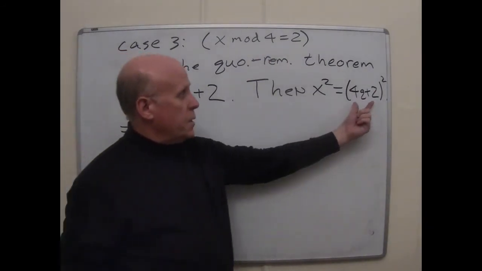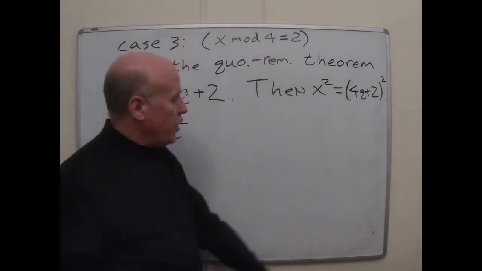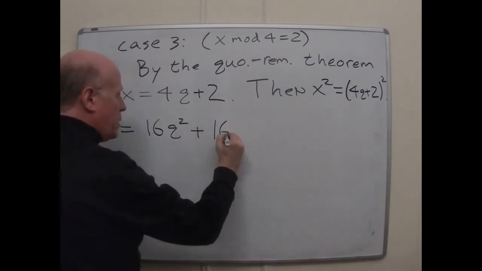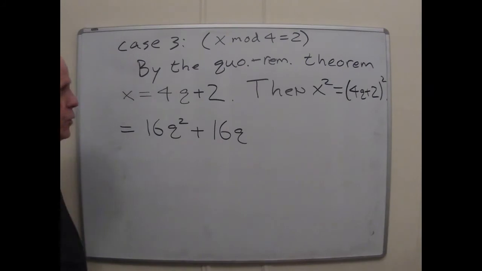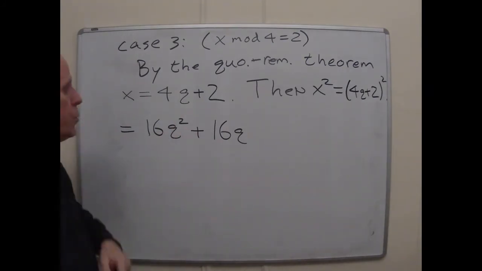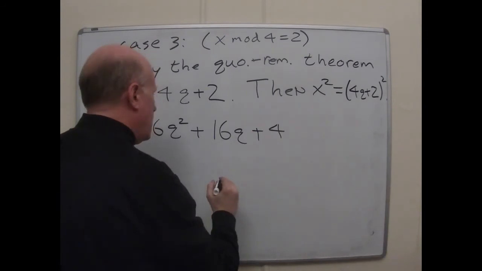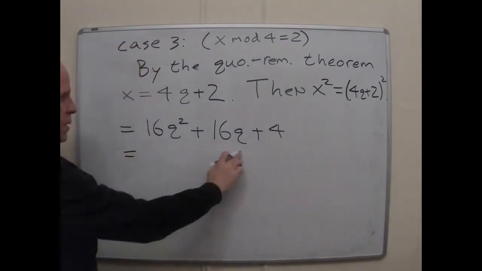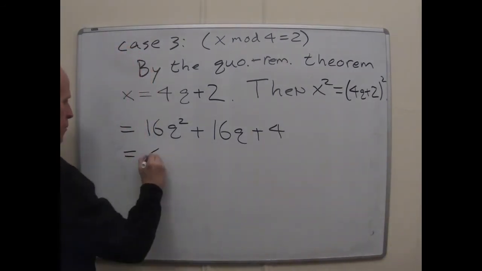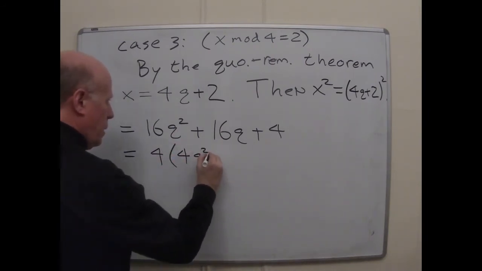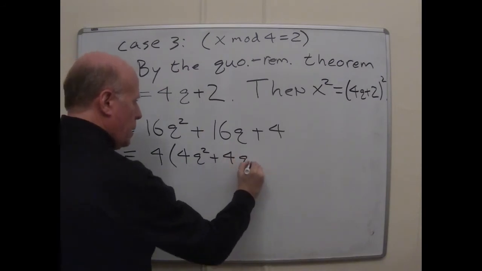The outer times outer and inner times inner terms are both 8q, and since there's 2 of them, we get another 16q. And last times last is 2 times 2, which is 4. Do you see that everything in here is divisible by 4? So this is 4 times an integer: 4q squared plus 4q plus 1.